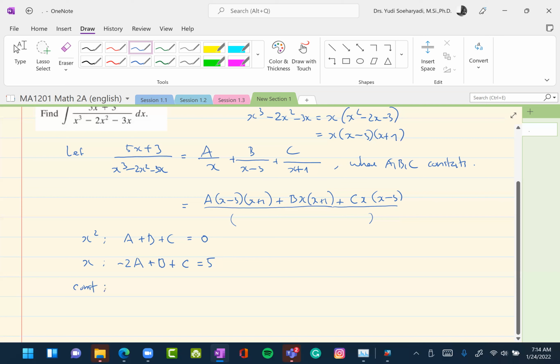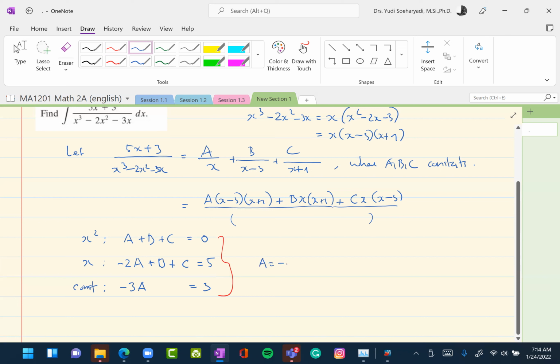And what about the constant? Here you have minus 3 on the left. Here you don't have a constant from the second term, and you don't have a constant from the third term either. So this should be 3. That's easy.